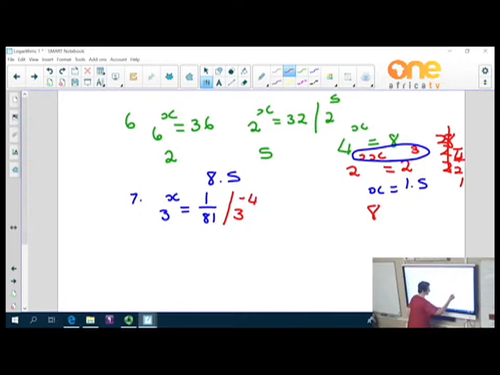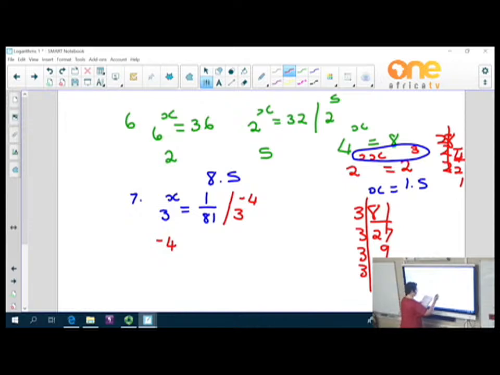Again, you use this method to find that value. 3 divides into 27, 3, 9, 3, 3, 3, 1. This is where I get the 4. Because it's the denominator, it's negative 4. So x is equal to negative 4. That is the first one.